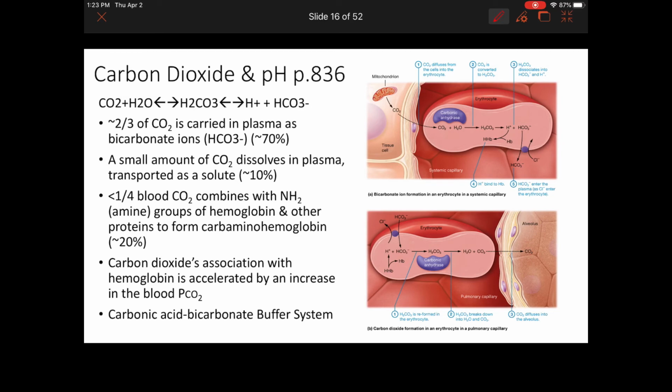But as it turns out, carbon dioxide can react with water to form a weak acid called carbonic acid.